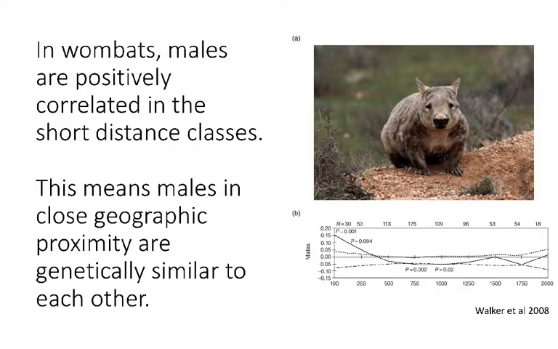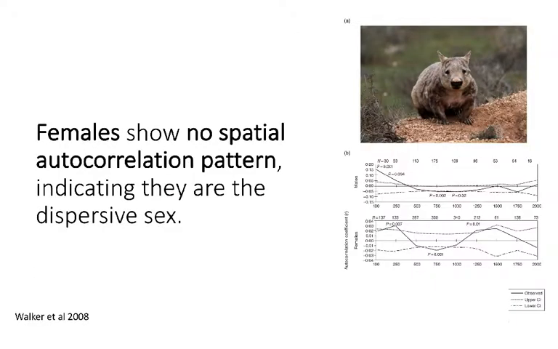What that means is that males in close geographic proximity are genetically similar to each other. They're the ones that are staying close to home: they're born, they stay in that same area, and their relatives are surrounding them. The males aren't moving. In contrast, when we look at the females, shown in this new plot, there's no spatial autocorrelation pattern.